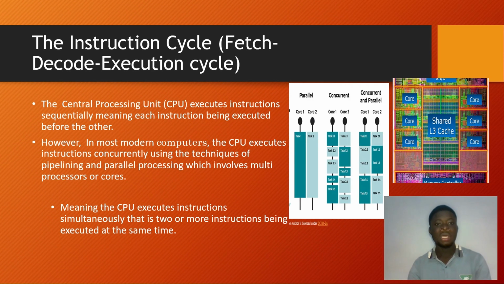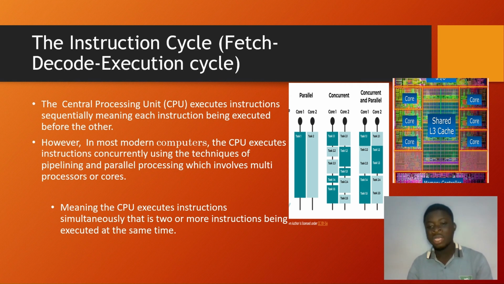Now let's go deeper into the instruction cycle. The central processing unit executes instructions sequentially, meaning each instruction is executed one after the other. This more likely involves only one core.